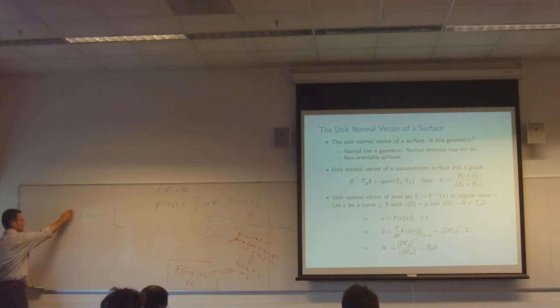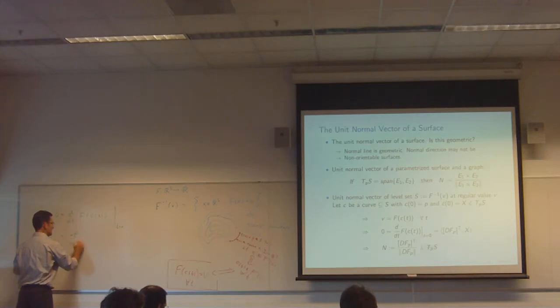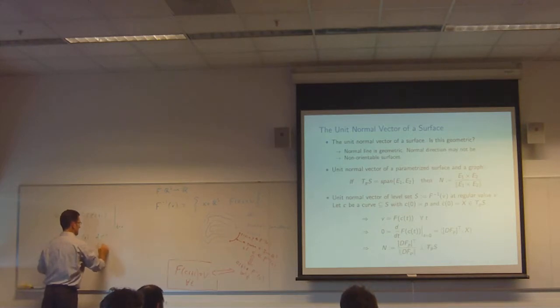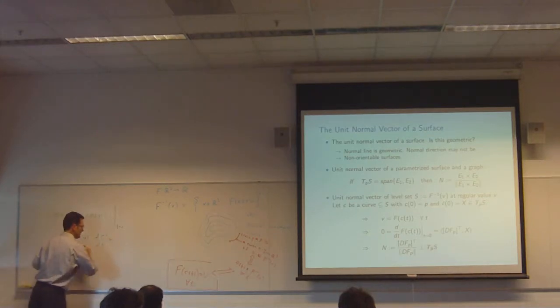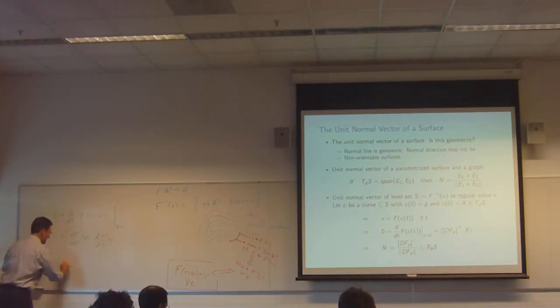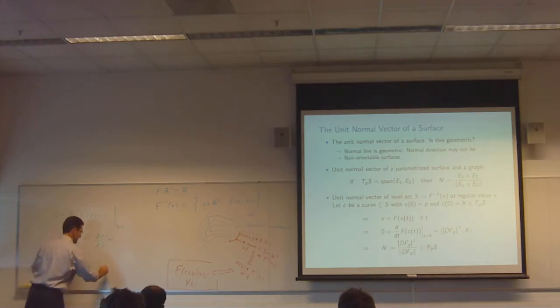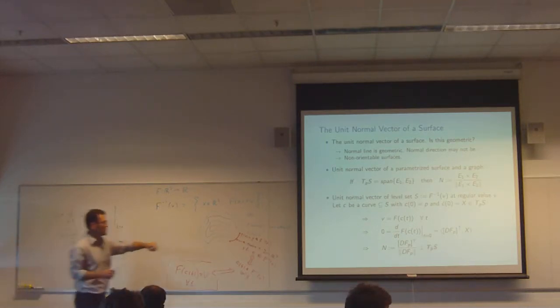If I do this derivative, by the chain rule I get df by dxi at p multiplied by dci by dt, summed over all i, at 0. Or I get the derivative matrix df at p transpose, inner product with dc by dt at 0. So that's my relationship right here.